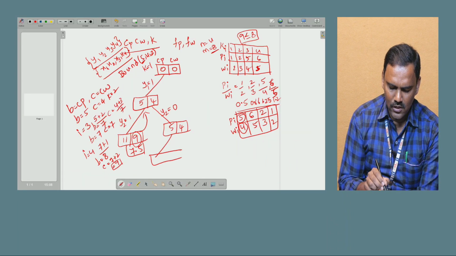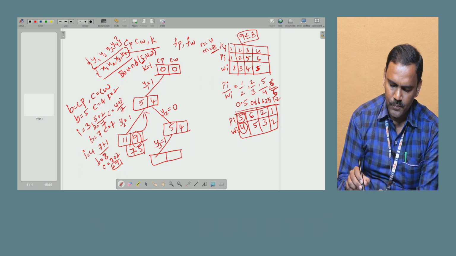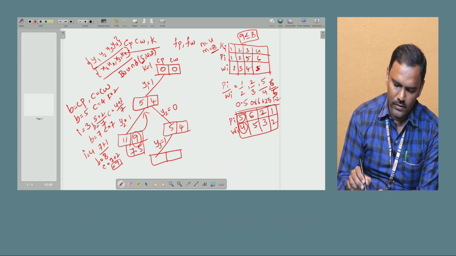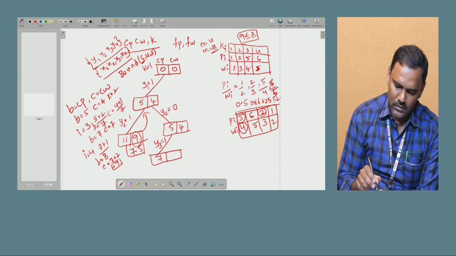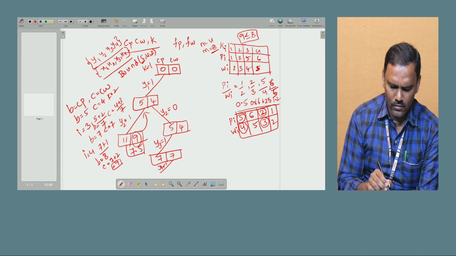What you are going to consider is that we are going to get y3 equal to 1. Then you are going to be adding these values. What you are going to get here is 5 plus 2, 7. Again we are going to be generating the same y equal to 4, the n value.